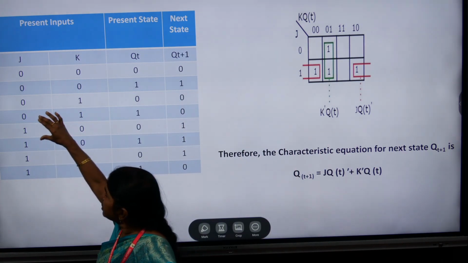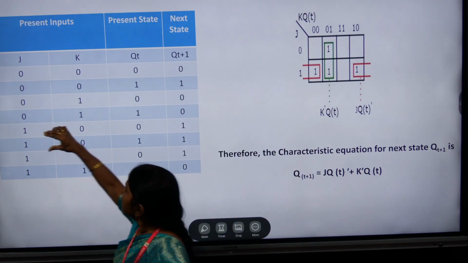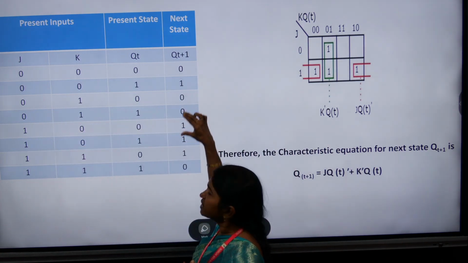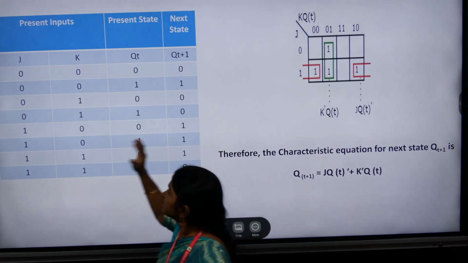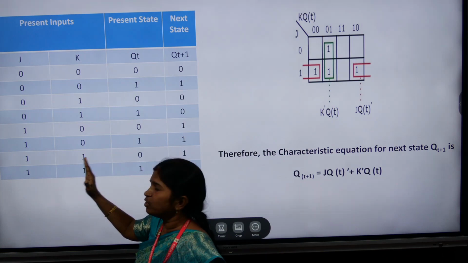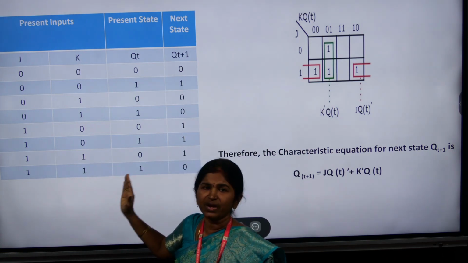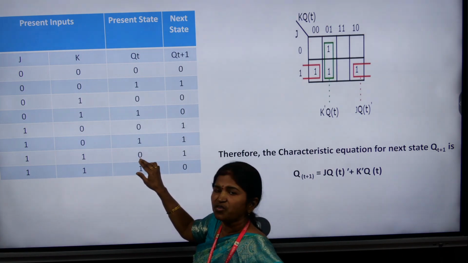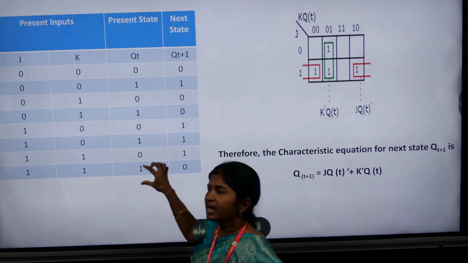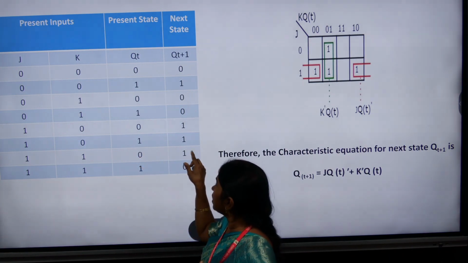Next, when J is 1 and K is 0, then the flip-flop is set. That is next state value will be 1. And when both J and K values are 1, the JK flip-flop will toggle. That is, here in the present state we are having the value of 0, 1, that is inverted and carried to the next state.